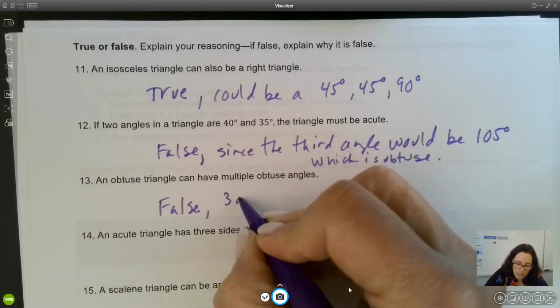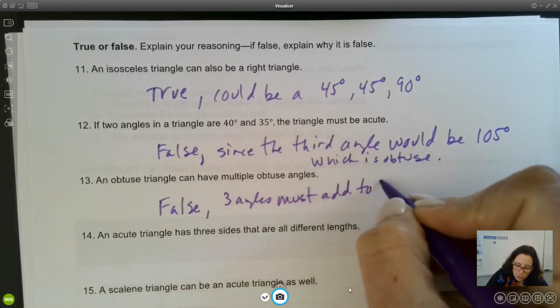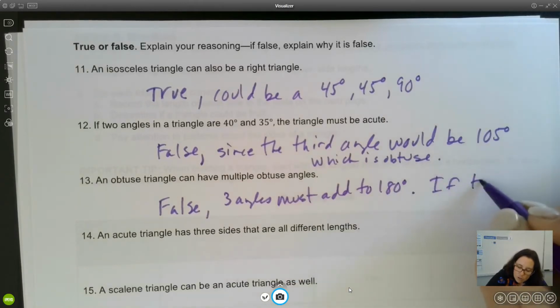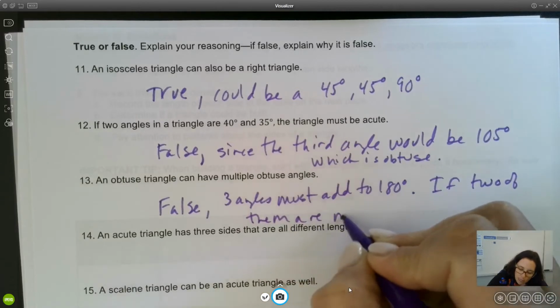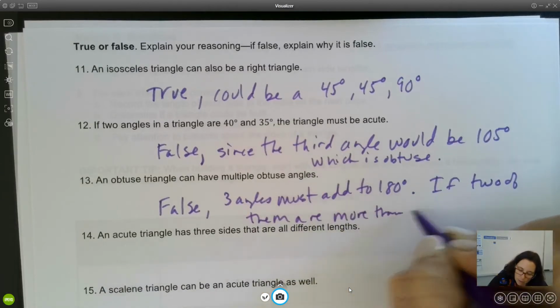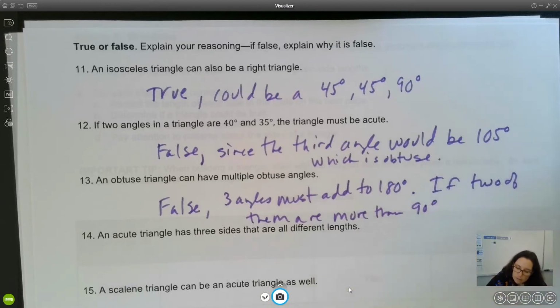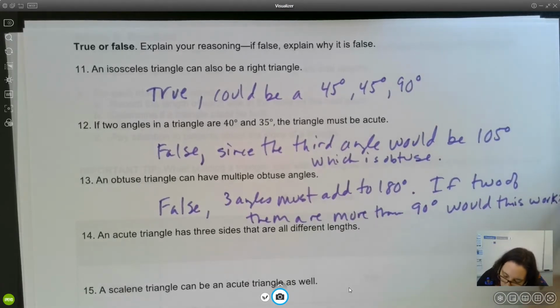Okay, 3 angles must add to 180 degrees if two of them are more than 90. Would this work? Would this work?